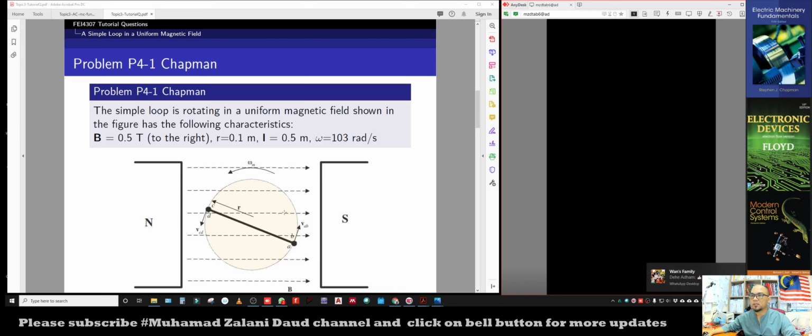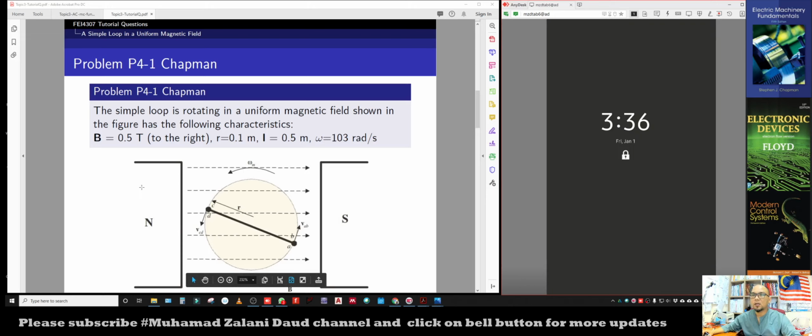The intensity of B, the magnetic field of this permanent magnet, represents the stator of the machine, and the wire loop represents the rotor.